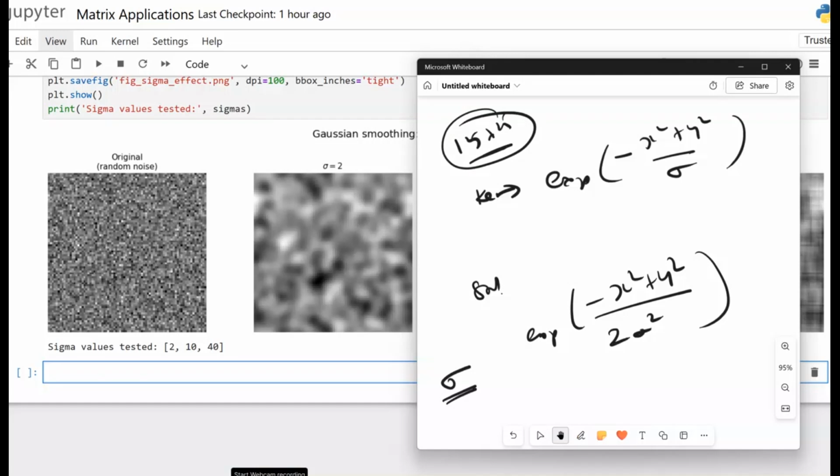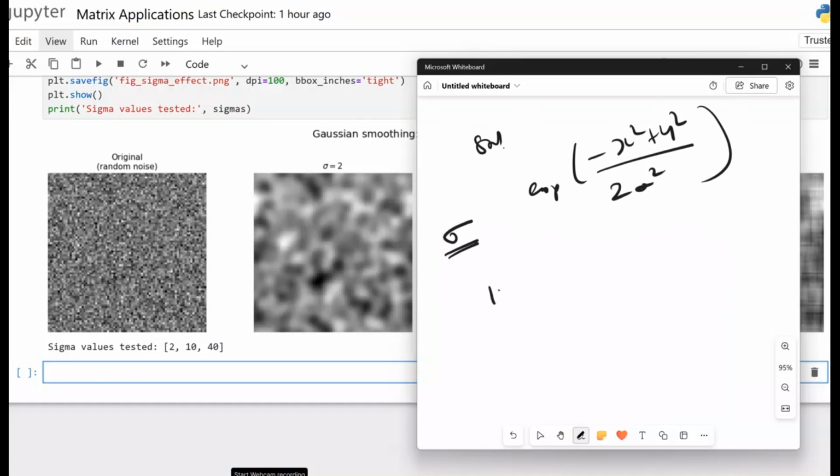Dear friends, in practice, the choice of sigma depends on the application. For image denoising, a small sigma preserves the details.